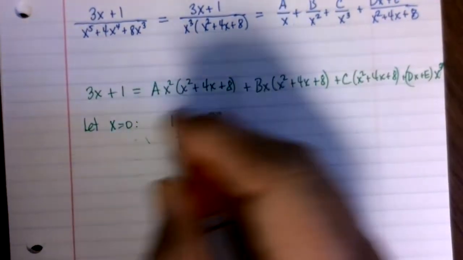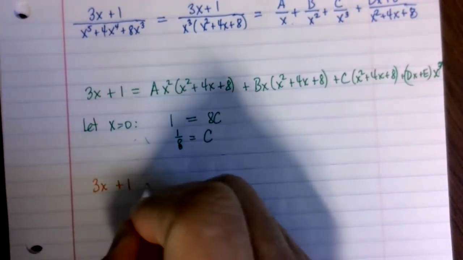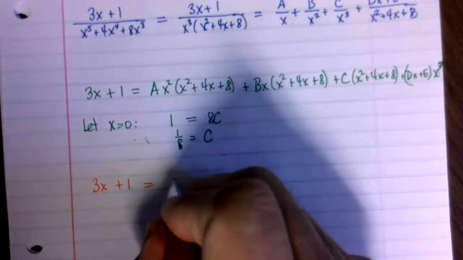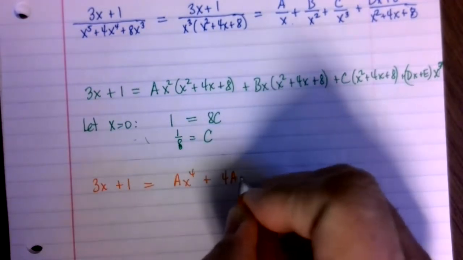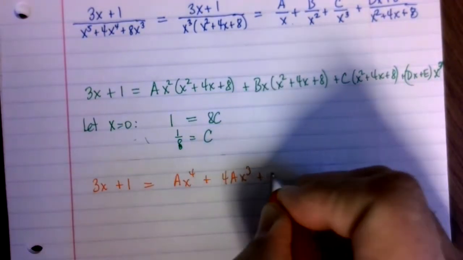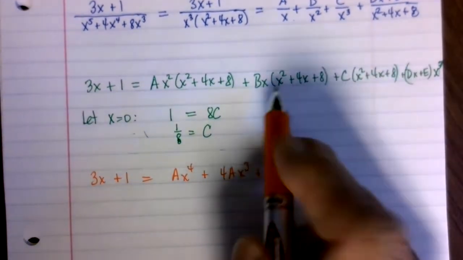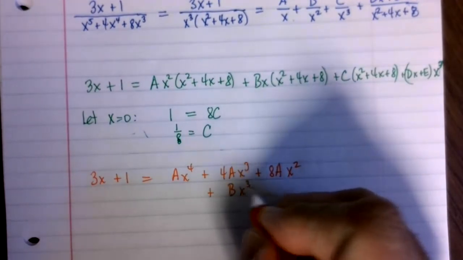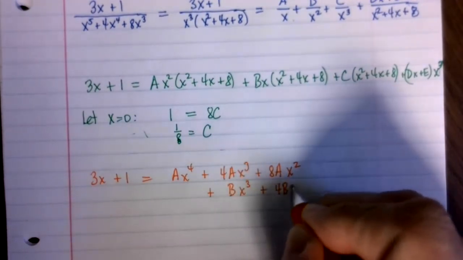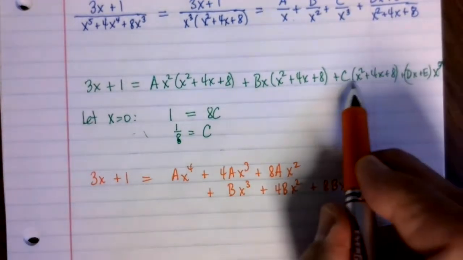So multiplying out and using the fact that c is equal to 1/8, I get 3x plus 1 equals, multiplying out, ax to the fourth plus 4ax cubed plus 8ax squared. On the next line, I get plus bx to the third plus 4bx squared plus 8b times x.